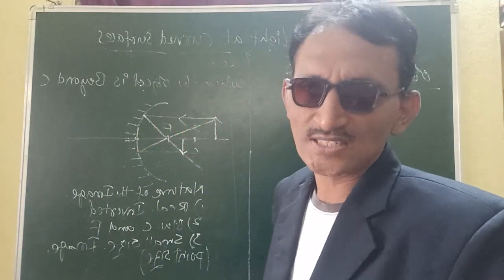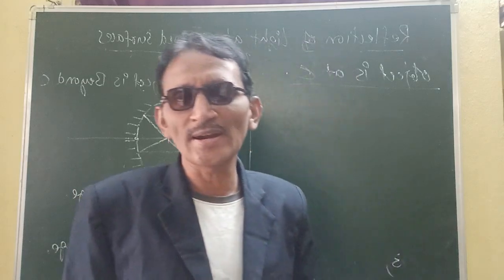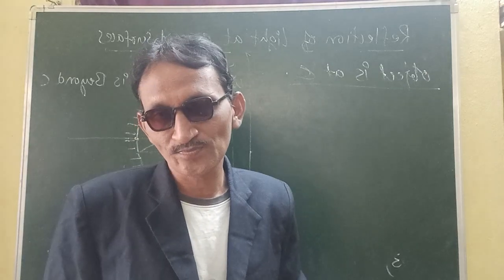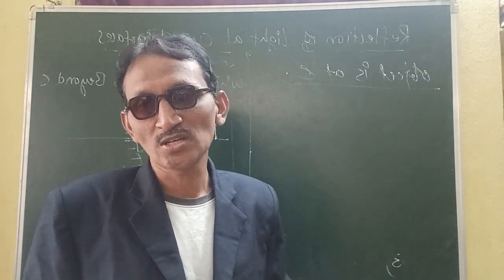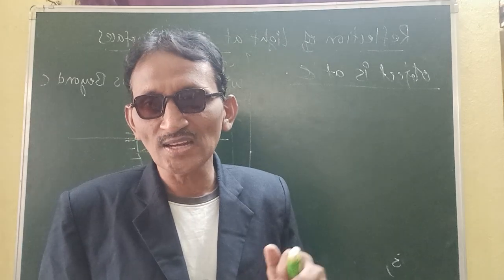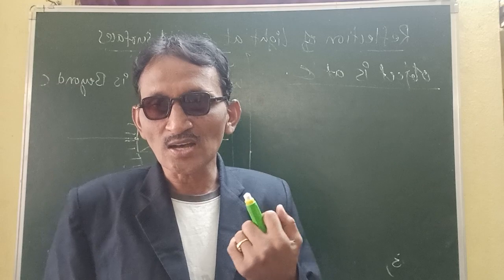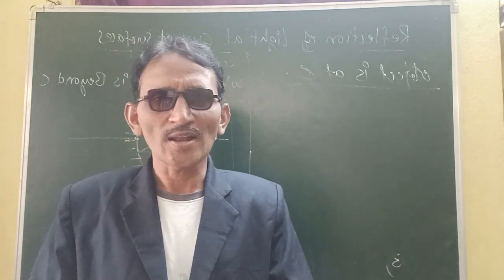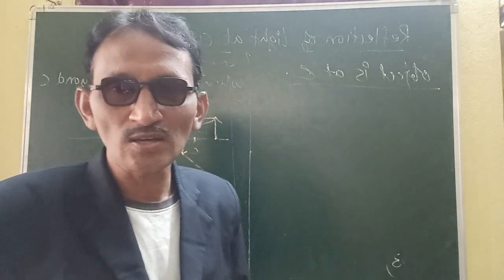Sometimes a question can be asked like that: draw a ray diagram for the same size of the image to the same size of the object. That is in the case of at C, same size. The object is at C, the image is also formed at C, they are of the same size.